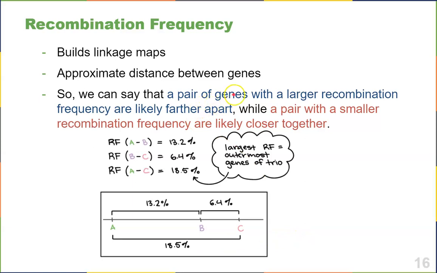So a pair of genes with a larger recombination frequency are likely farther apart. Okay, so A and C, 18.5%, they're the largest. So they're probably going to be located on either end of a chromosome. Where if we look at B and C, those are going to be located really close together, most likely next to each other, if that's the lowest number.